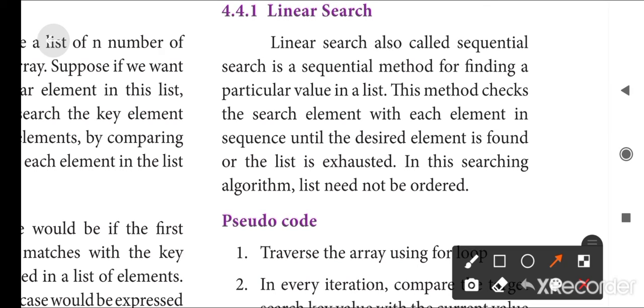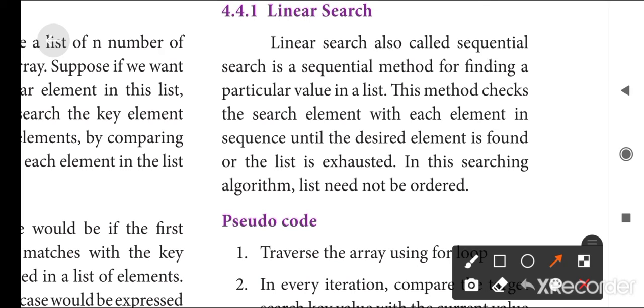If the list has no order, for example 5, 10, 3, 2, I'll give four elements, then linear search is applicable. Or else 10, 20, 21, 22, then binary search is applicable.